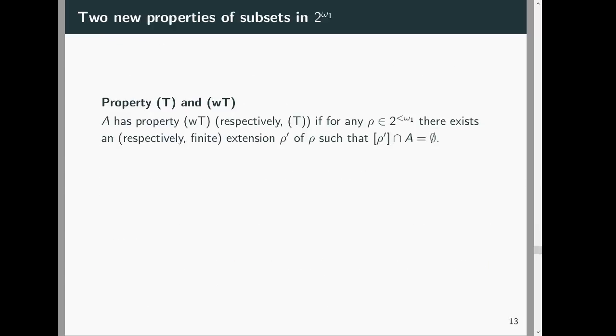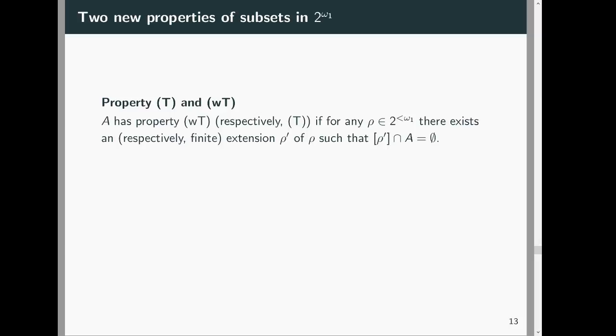So instead of investigating the big sets, we need to look at some tiny sets. I look at T, tiny. WT means a little bit bigger, so weaker T. T is a tiny set, WT is a little bigger.